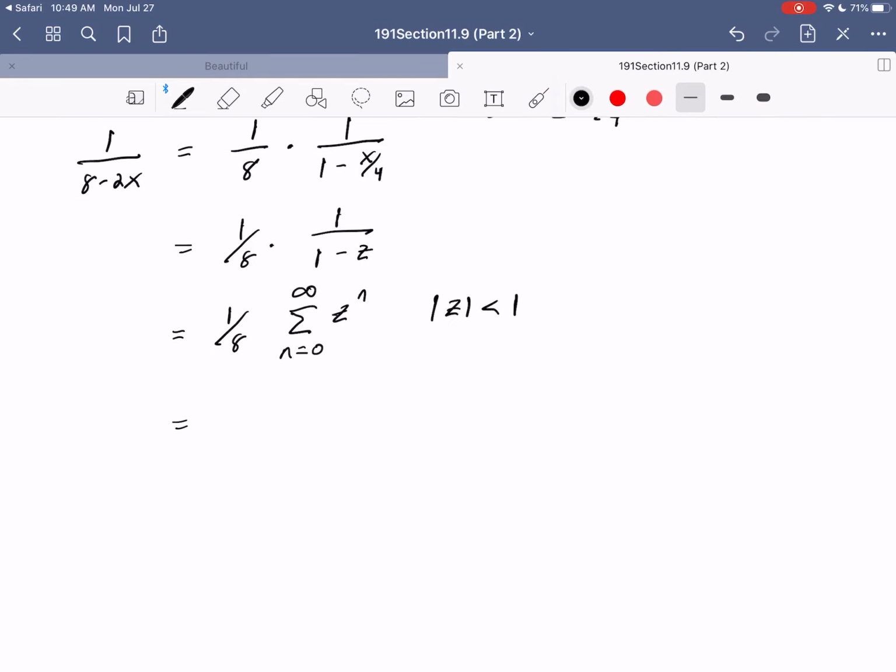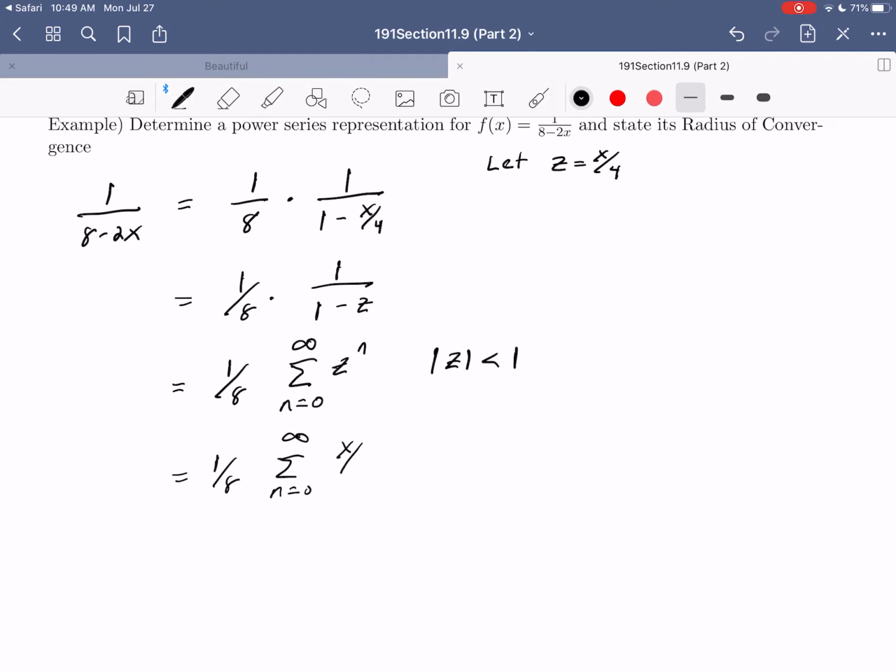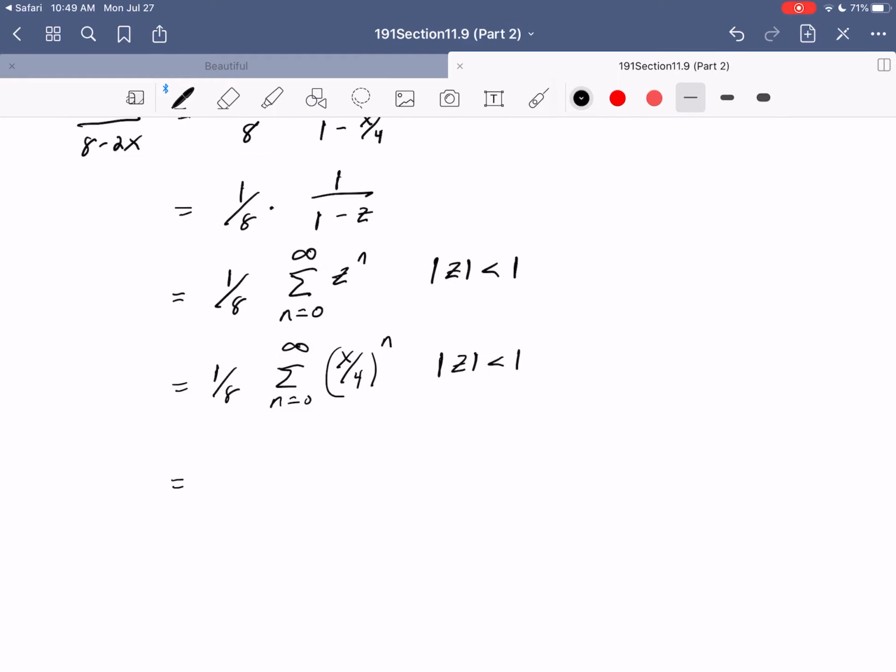So we get 1 over 8 summation n equals 0 to infinity, we have x over 4 to the n, absolute value z less than 1. And if we break this thing up, we can say this is 1/8 sum n equals 0 to infinity, x to the n over 4 to the n.